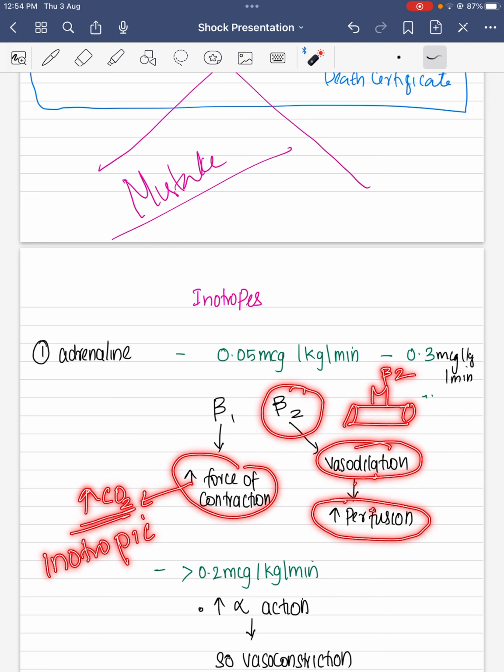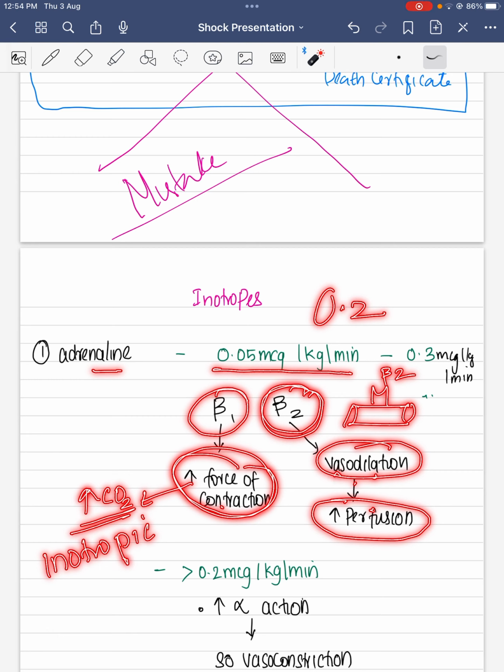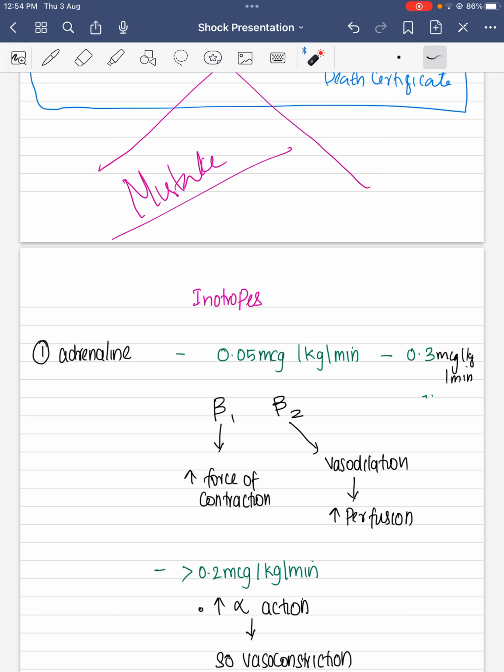So in this range it produces increased force of contraction, which increases cardiac output, and peripheral vasodilatation. The increased blood being pushed to the periphery will go smoothly because of this vasodilatation. Okay, that is the dose.